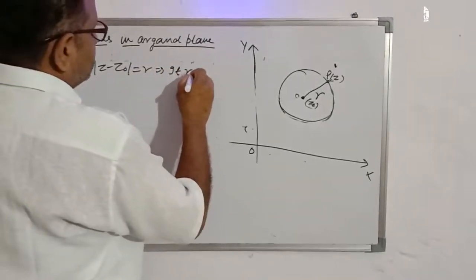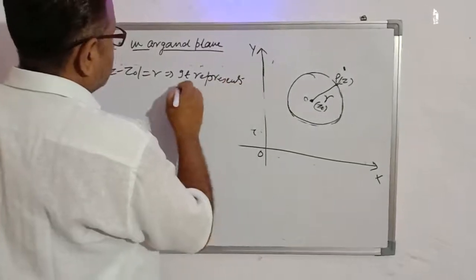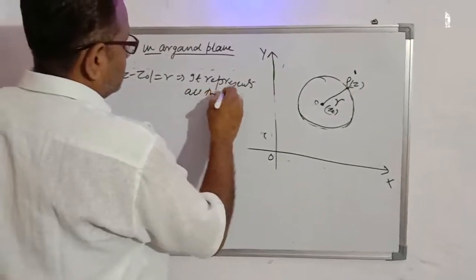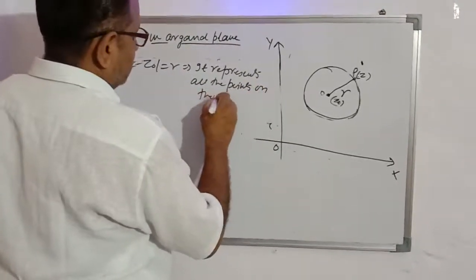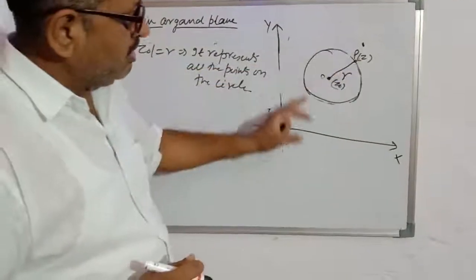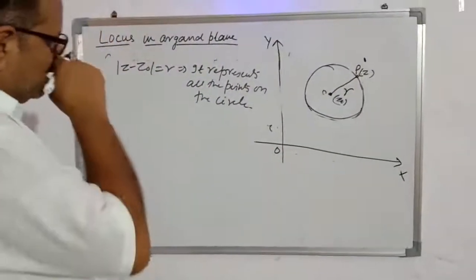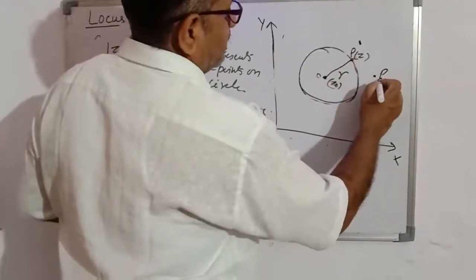It represents all the points on the circle, meaning the circumference of the circle. Suppose P lies outside the circle here.